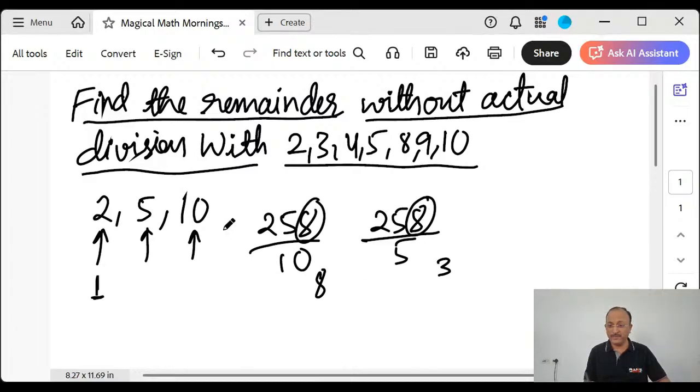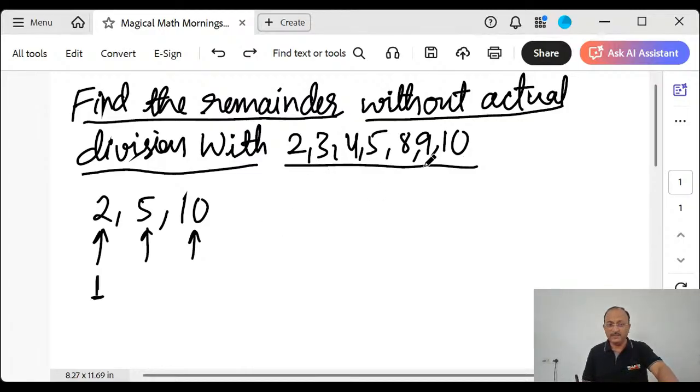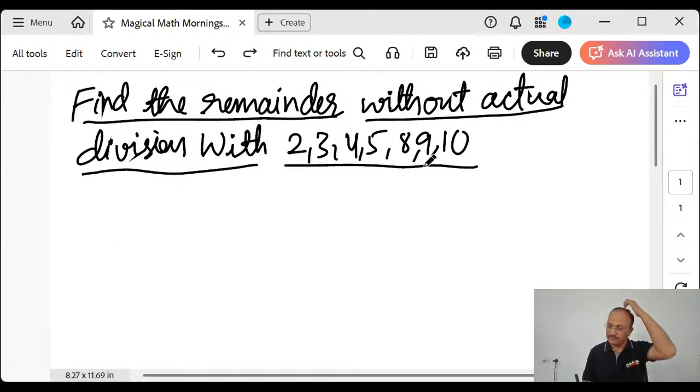This doesn't require me to explain them. But now let us find out how to find the remainder when there are numbers like 3, 4, 8, 9 and so on. For other numbers like 7, I usually prefer direct division itself.